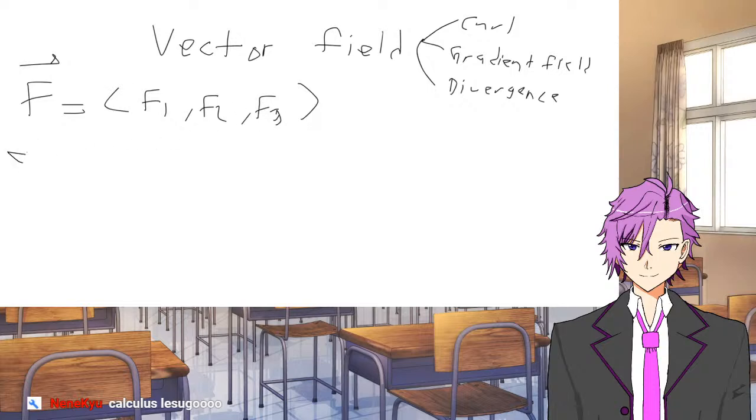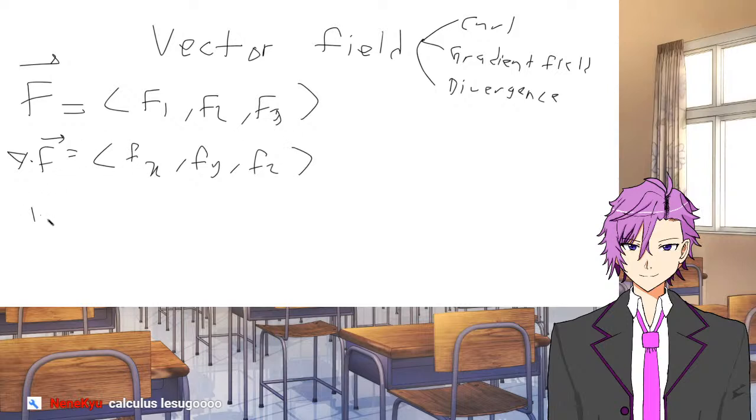We'll just touch on this a bit briefly. So if you want to do a gradient field, we'll just have to do fx, fy, fz. So that will be the gradient field.